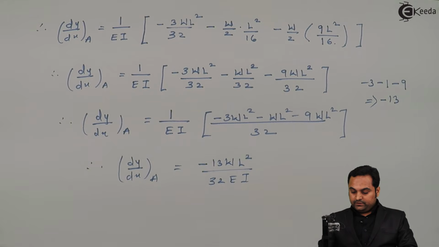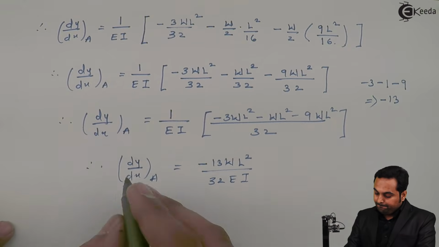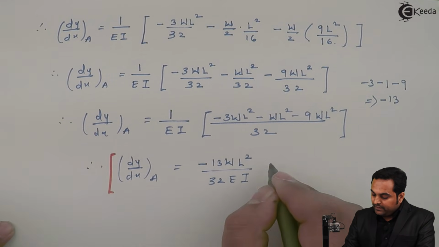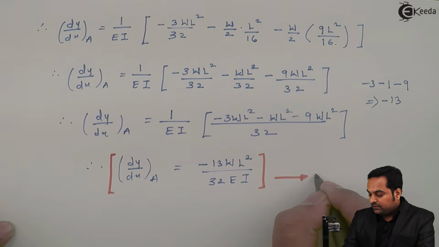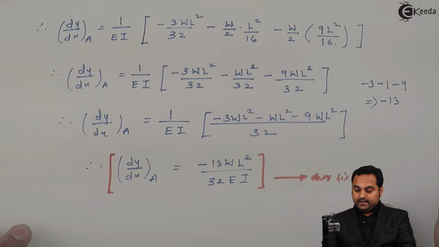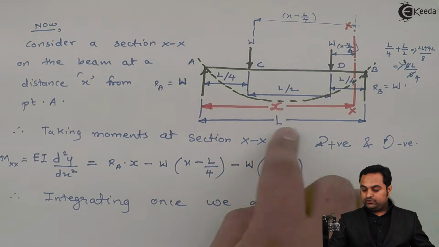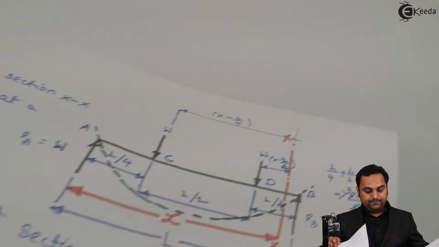So therefore this is the maximum slope which will be acting at point A. Answer number 1. Similarly, the maximum slope will be at x is equal to L, that is at point B. There also we will get the value of maximum slope. So next, I'll keep x is equal to L.